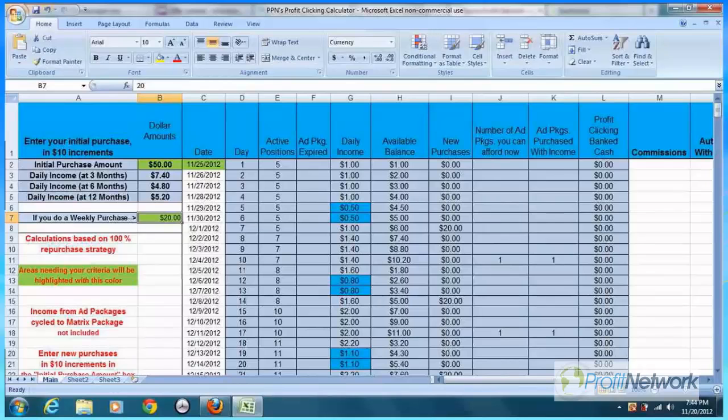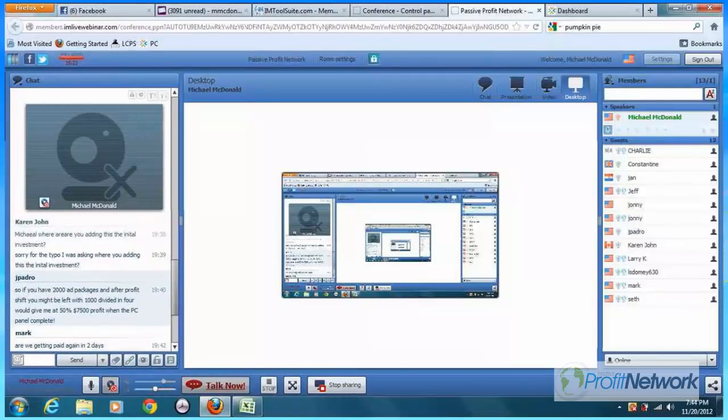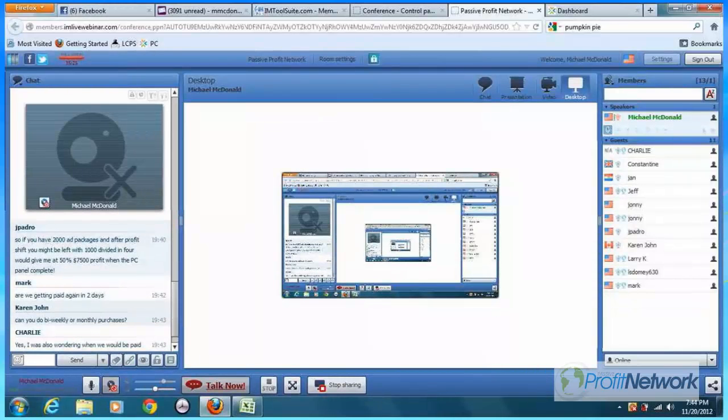Let's see. So if you have 2,000 ad packages and after the profit shift you might be left with 1,000, divided by 4 at 50% would give me 7,500 in profit when the PC panel is complete. So 2,000, they converted 50%, which is 1,000. Take that 1,000 divided by 4, that's 250.